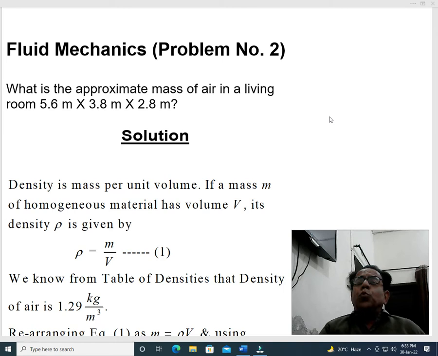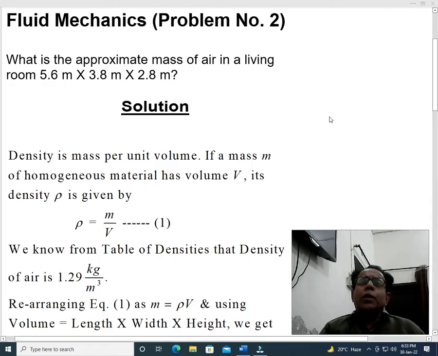Air is a fluid. Air is treated as included in gases. So definitely this problem relates to fluids or fluid mechanics. Now we come towards its solution.